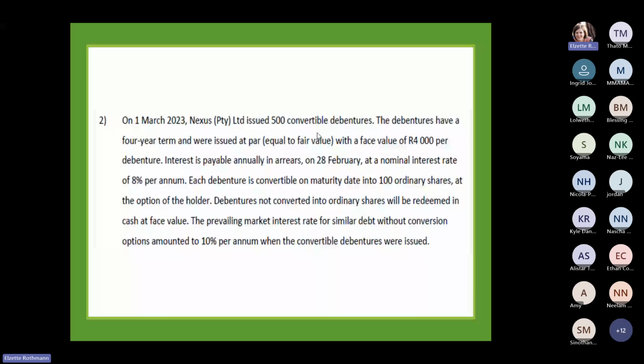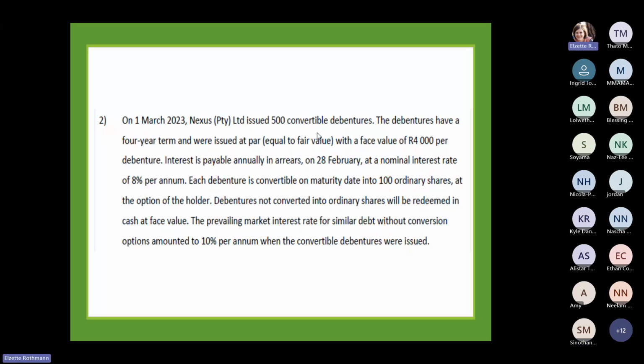The prevailing market interest rate for similar debt without conversion option amounted to 10% per annum when the convertible debentures were issued. So in this scenario, we have to calculate the present value. But what is very important, if we have a debenture and it's convertible, we first have to see if it is automatically or compulsorily convertible.